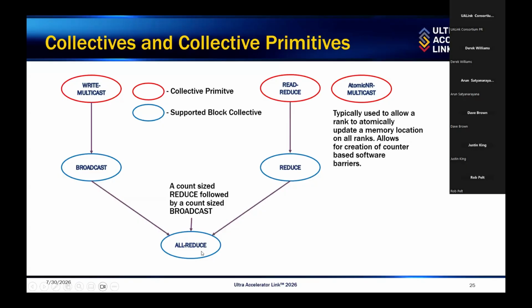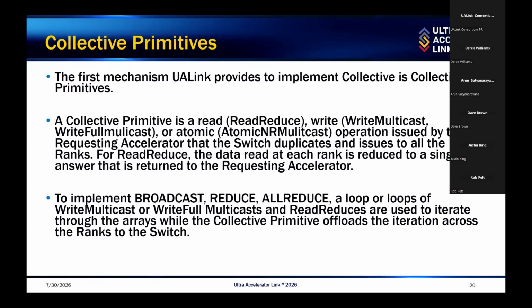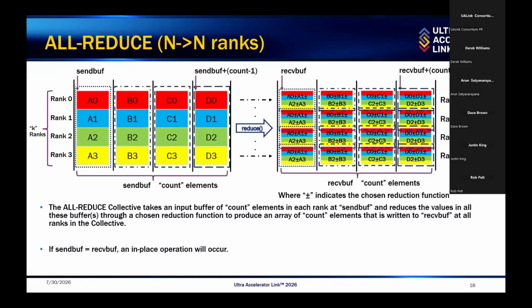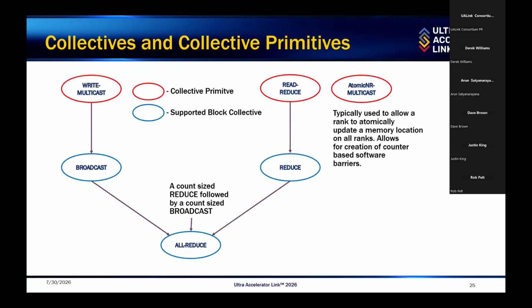And all reduce is really going to do a read of all the ranks, get the data, and then it's going to do a series of broadcasts to write all of the ranks. So as you can see here, to implement an all reduce, we do a single reduce back to the root rank that gives us the reduced array, that's the output.